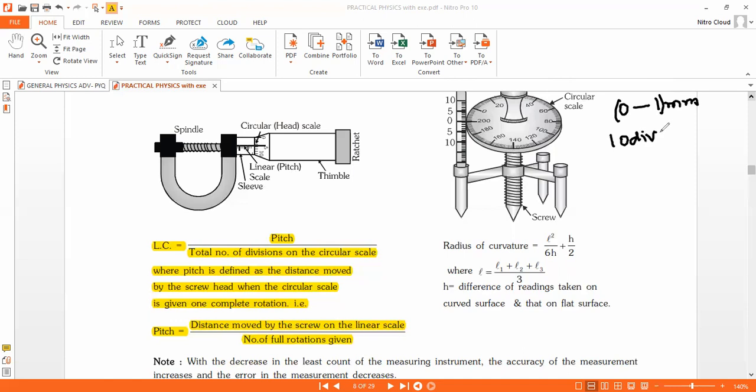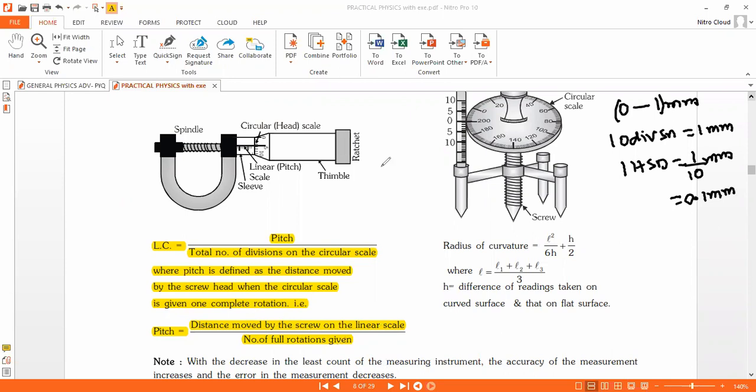So 10 divisions equal 1 millimeter. So 1 head scale division is equal to 1 by 10 millimeter, that is nothing but 0.1 mm.